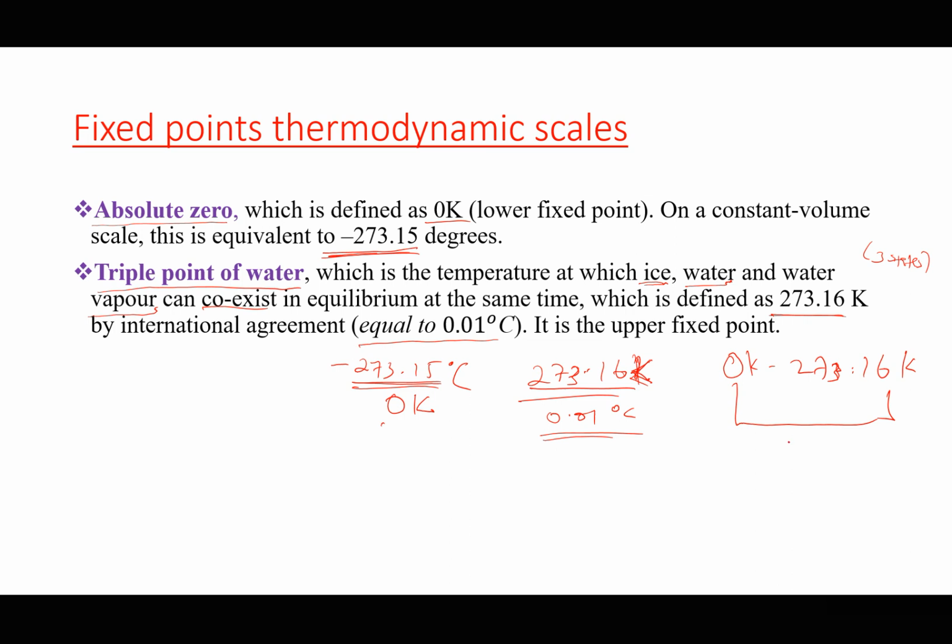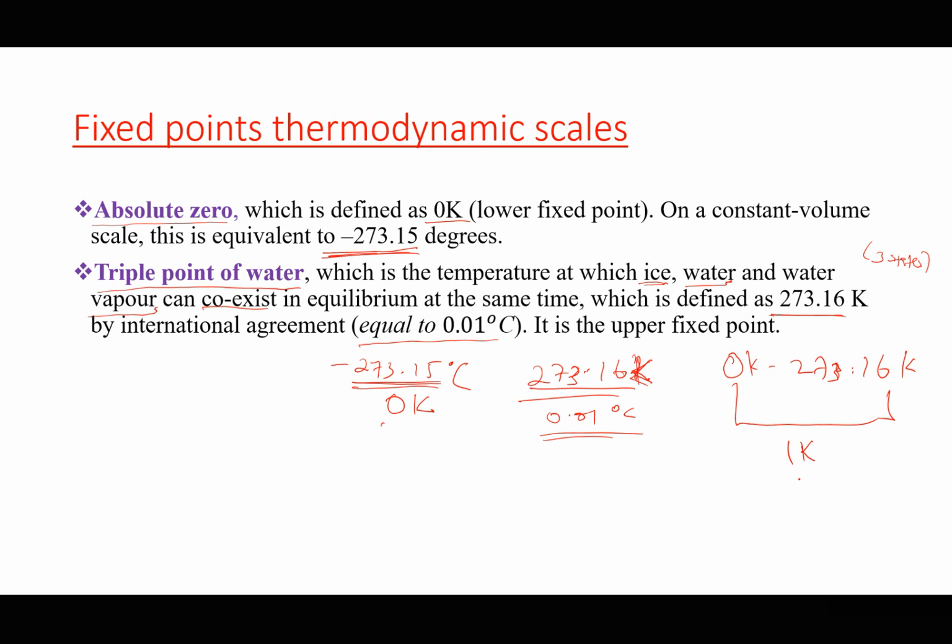So each division on the Kelvin scale is 1 Kelvin. Remember, we saw that the gap on the centigrade scale was divided into 100 equal divisions: between the ice point, 0 degrees Celsius, and the steam point, 100 degrees Celsius, each division is 1 degree Celsius.